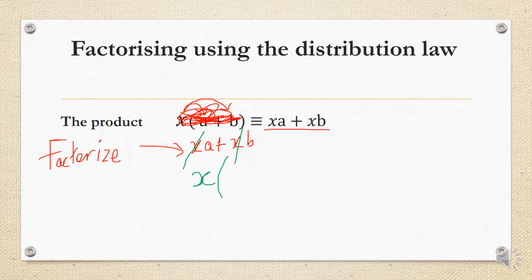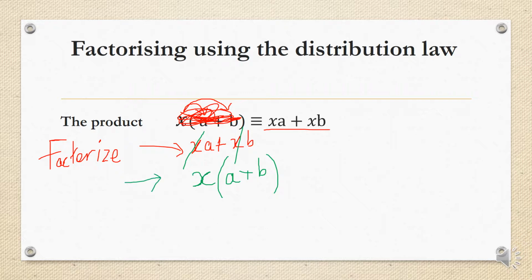What remains after I took out what's common? a plus b, and that is what I'm going to put in brackets. So this is how I factorize an expression like this. And if we notice, it's the same thing that we have been doing. We are getting back the brackets.